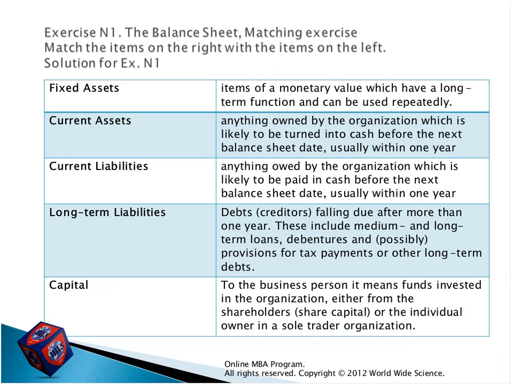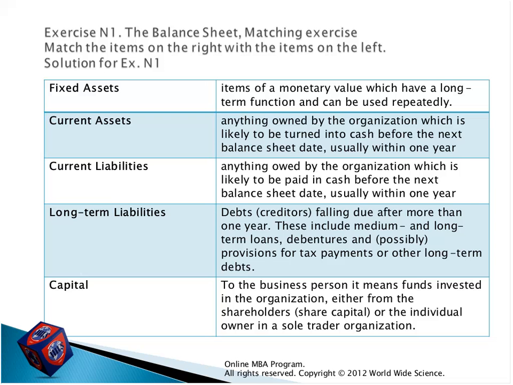So the first exercise was based on the balance sheet, a matching exercise. You have to match the items on the right with the left side, right? Here the right solution is already given to you. Most of you have done this correctly, I hope, because we have studied the previous topics. What is a fixed asset?